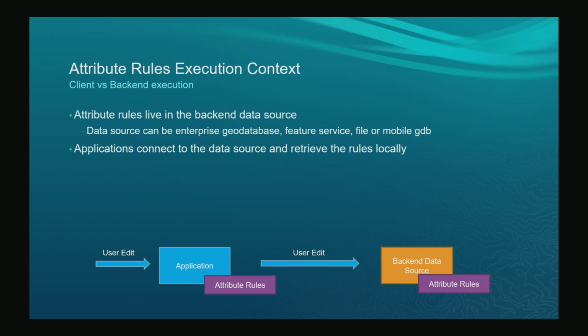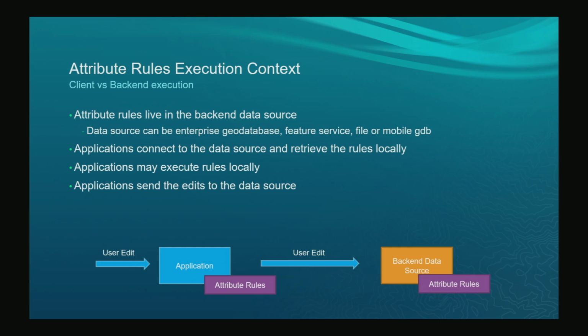So this concept even applies outside of the service. There is local execution, and there is the actual server execution or the backend execution. It gets confusing because that command, we used to call it server only, but then you can really work with attribute rules without a server. So we changed it to say, do you want the rules to run on the application, essentially.